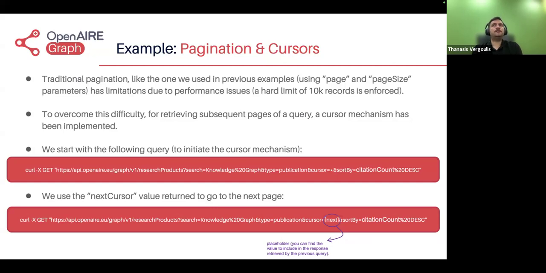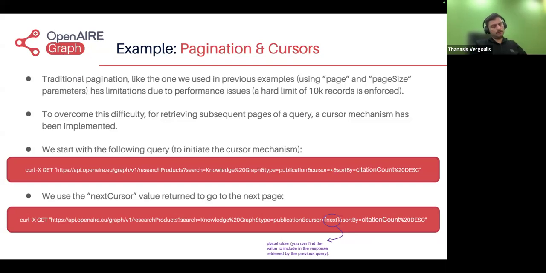For instance, as you go from one page to the other, if the page number becomes really large, then it becomes more and more resource heavy to calculate and get back the results. And this is also the reason why, not only for the OpenAIRE Graph API but also for other similar APIs, a hard limit is provided when you are using the traditional pagination.